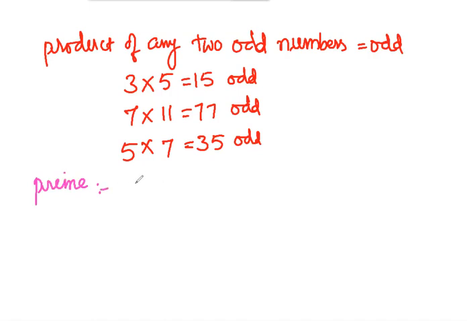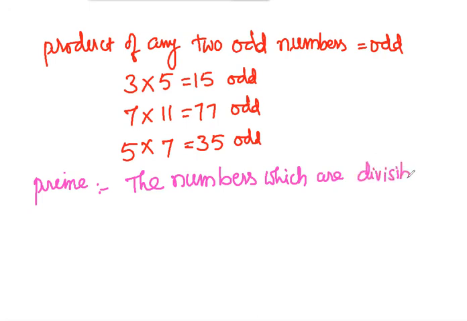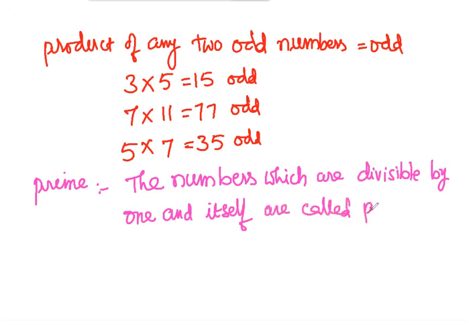Prime numbers are the numbers which are divisible by only 1 and itself.